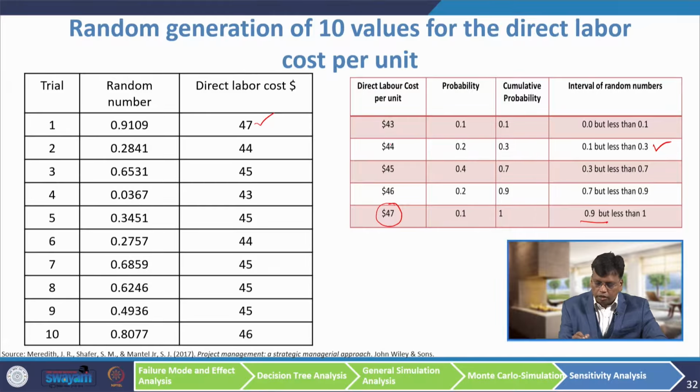So, the corresponding direct labor cost will be 44. Like that I have done 10 trials, then I have looked at where this random number appears in the table, then I have picked the corresponding direct labor cost. So, this value can be used as an input for different iterations of the simulation.